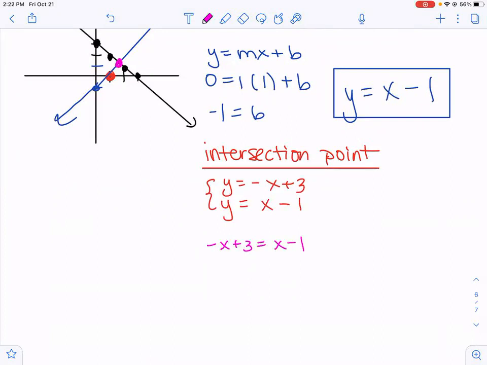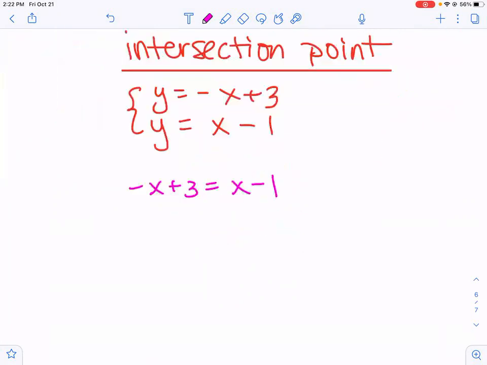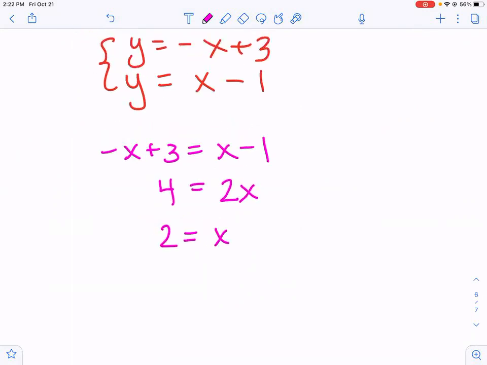So the y's are the same. If I add x over to this side, how many x's are over here? 2x, right? And if I add this one over, what do we have? So x equals 2. Right? Yes, and then we plug it in.